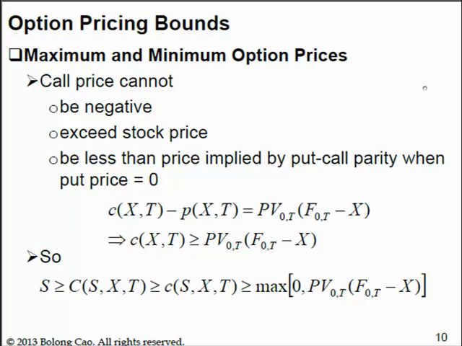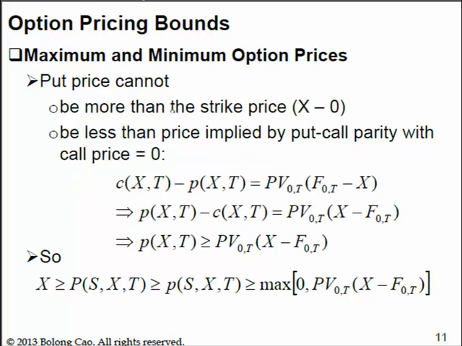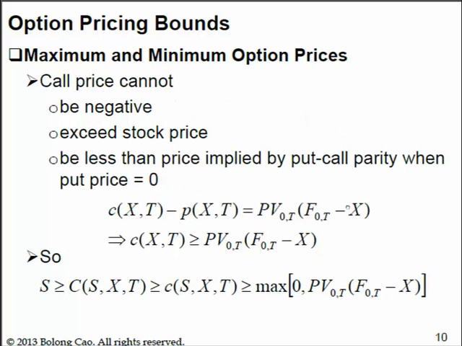We can say another thing here, which is that the put price cannot be zero either. It cannot have no value at all. The put gives people some right, especially, it actually provides downside insurance. So the put premium should be positive.